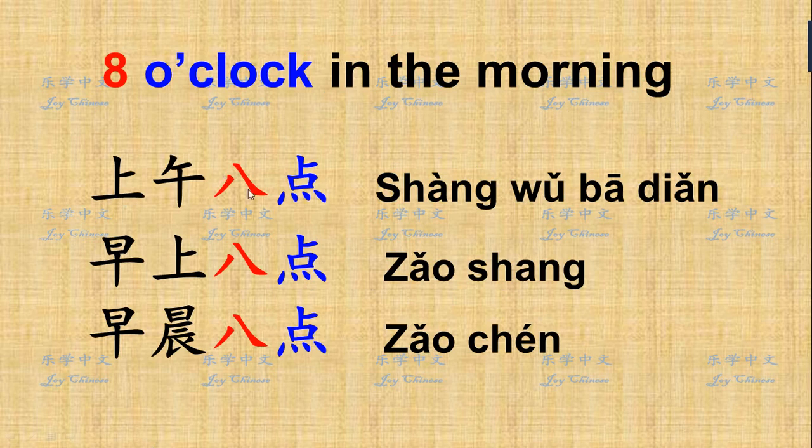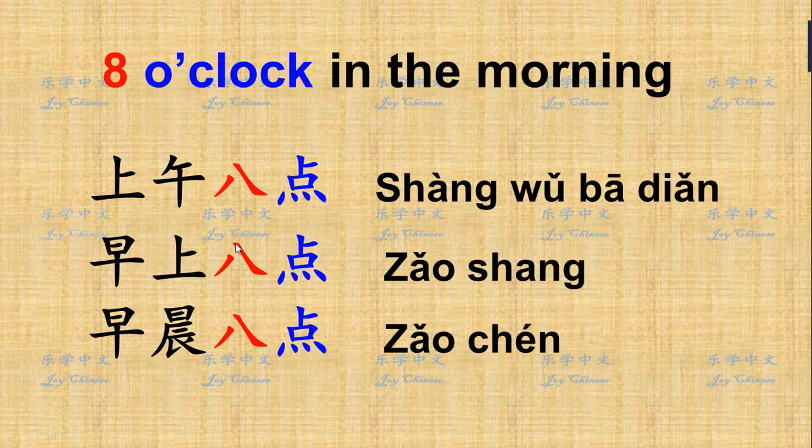It's 8, a number. 8 o'clock is 8点. So all together we say 上午8点. Remember we put the morning in the front, and then the time.